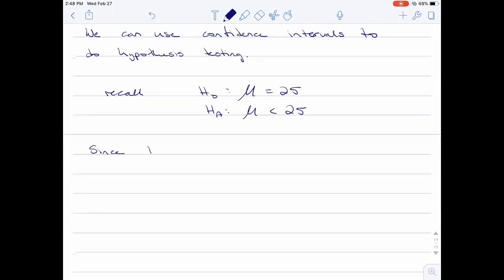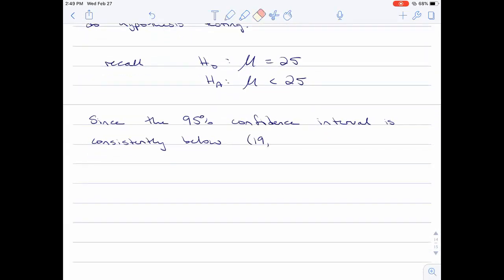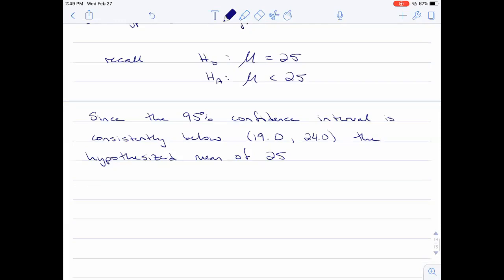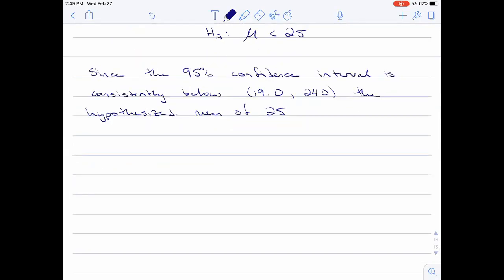Since the 95% confidence interval is consistently below the hypothesized mean of 25, I'll put in brackets 19.0 to 24.0, just to emphasize that both of those are below the hypothesized mean of 25, which means we have enough evidence to reject the null hypothesis in favor of the alternative, right?